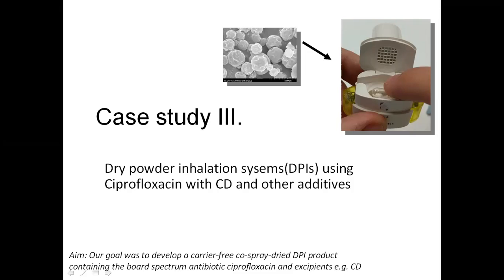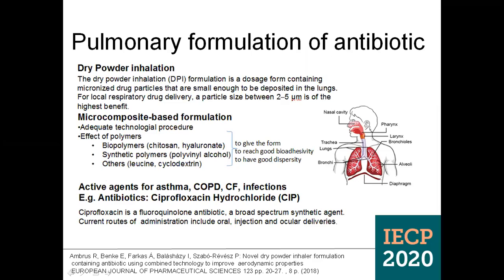Our goal was therefore to develop a carrier-free co-spray-dried DPI, dry powder inhaler, product containing the broad-spectrum antibiotic ciprofloxacin and excipients such as cyclodextrin. Dry powder inhalation systems are formulated by micronized drug particles with aerodynamic particle sizes of less than 5 micrometer using particle engineering technologies such as spray drying using excipients.